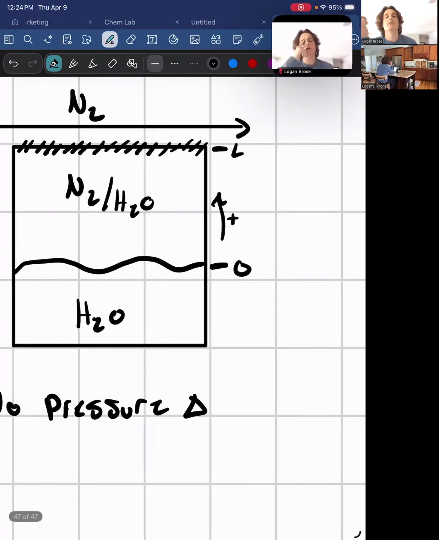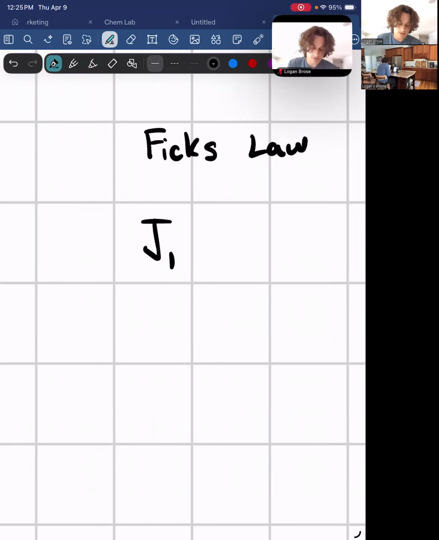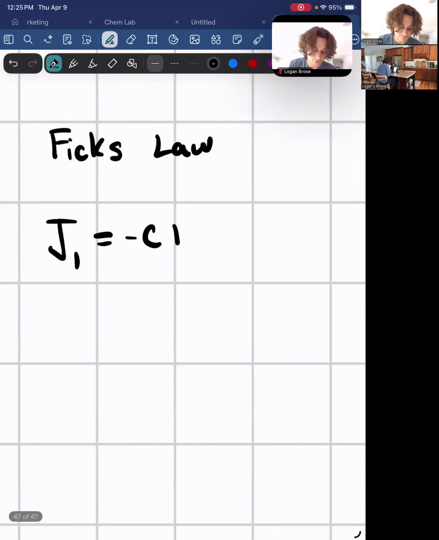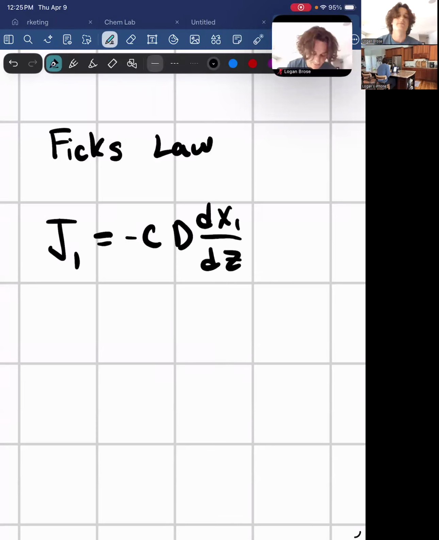So when we have done this in the past, we've looked at diffusion. How did we do diffusion? We used Fick's law. Well, what's Fick's law? We have J equals negative concentration times diffusion coefficient times the driving force, our concentration gradient, dx1/dz.